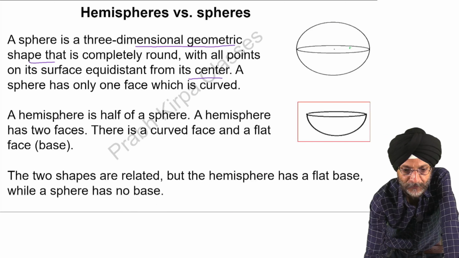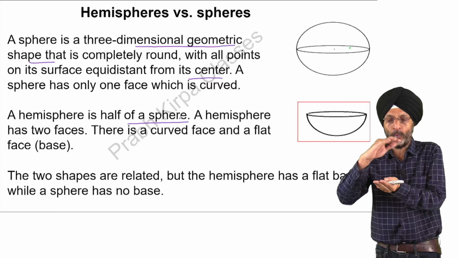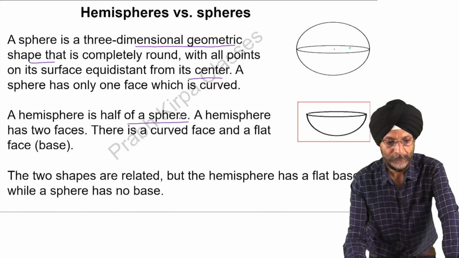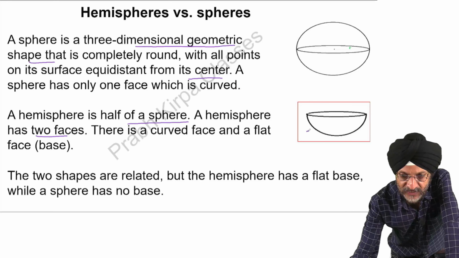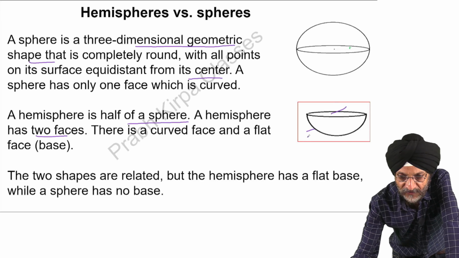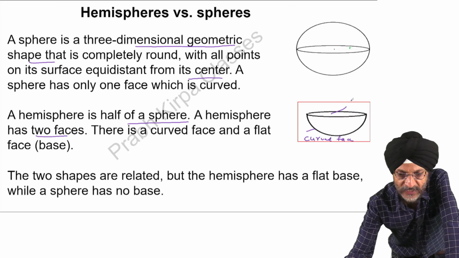On the other hand, a hemisphere is half of a sphere. A sphere can be divided into two equal parts and each part is known as a hemisphere. A hemisphere has two faces. One is this, the other is this. This face is known as the curved face, and this is known as the flat face.